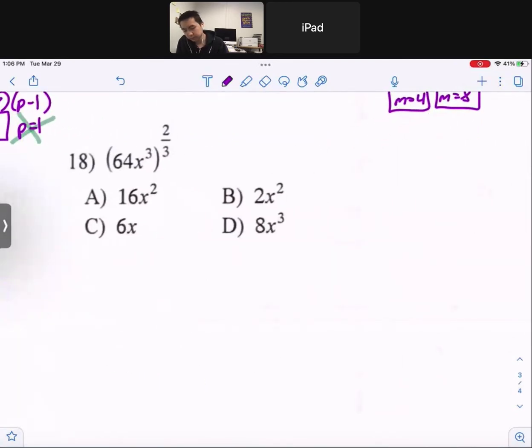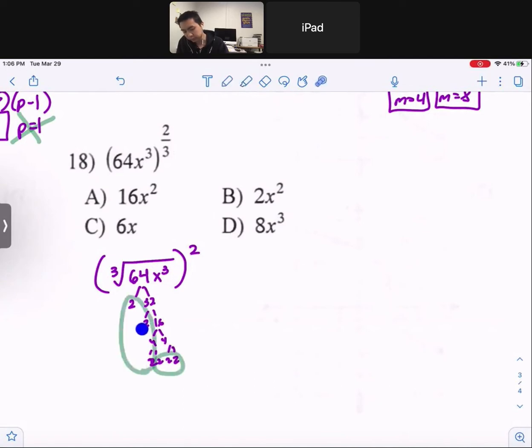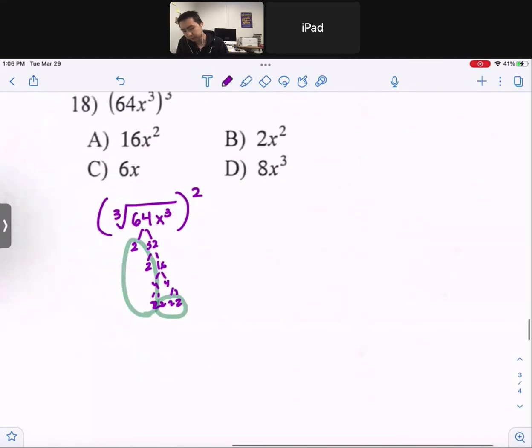18, so change this to be cube root of 64x to the 3rd, all raised to the 2nd power. So again, you can break this down. And if you did break this down, you would realize that there's that group of 3 and this group of 3. So 2 times 2 is going to be 4.